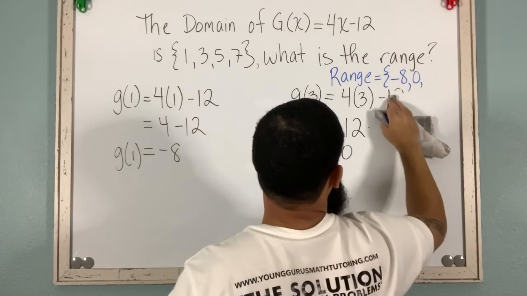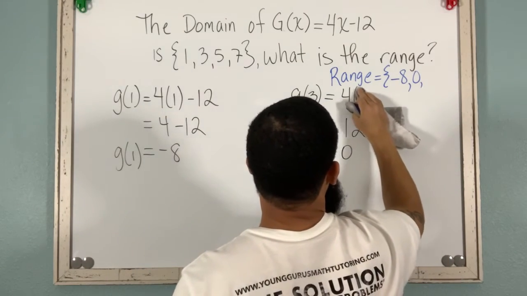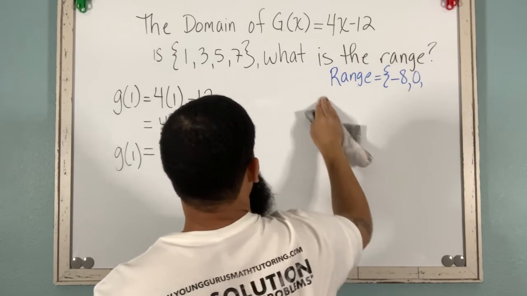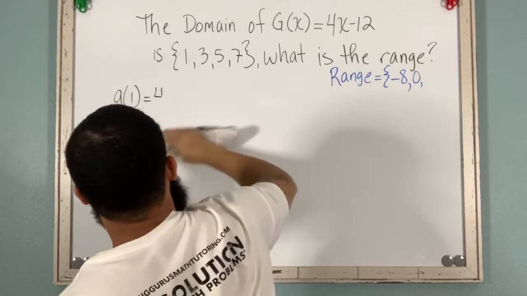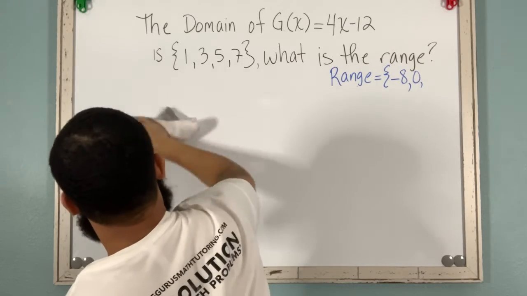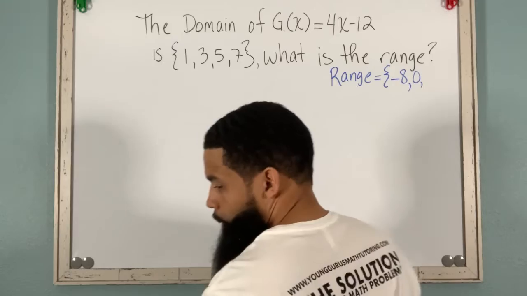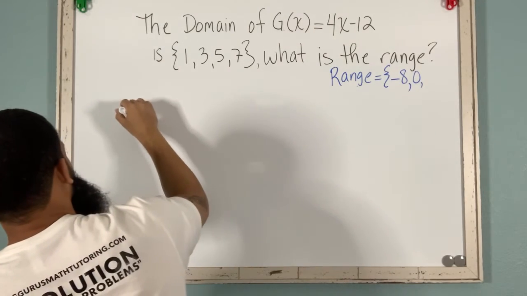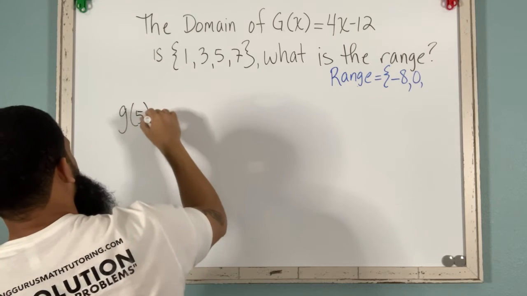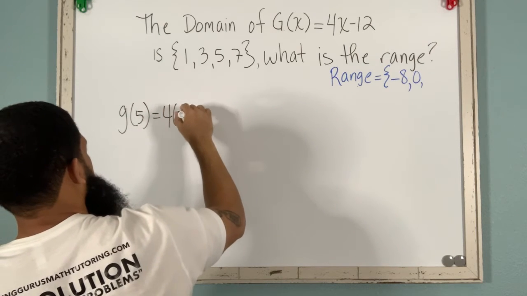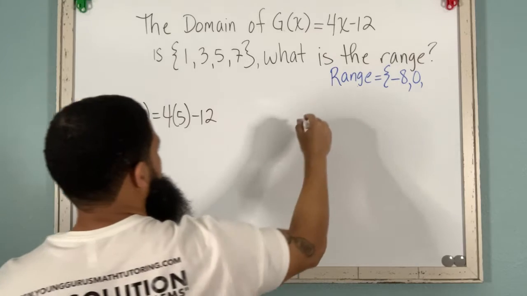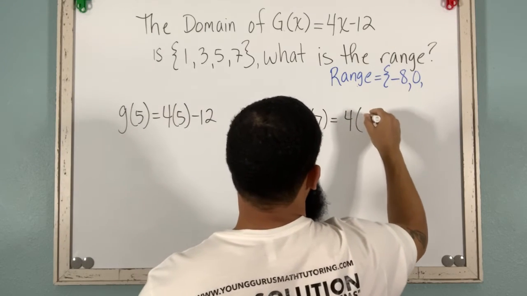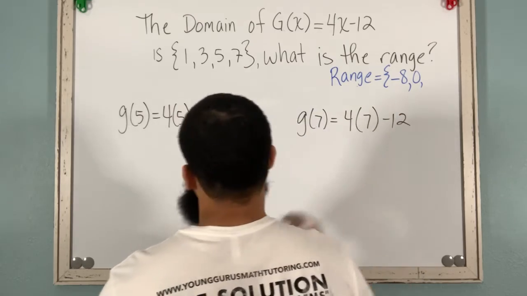So now let's do g of 5 and g of 7, right? Boom. G of 5 is 4 times 5 minus 12, and g of 7 is 4 times 7 minus 12.